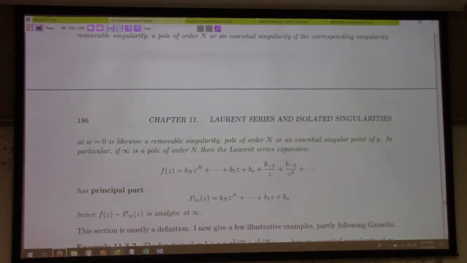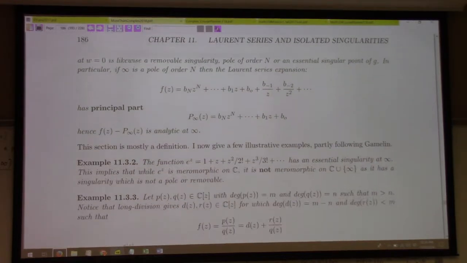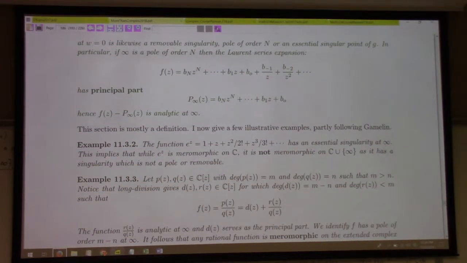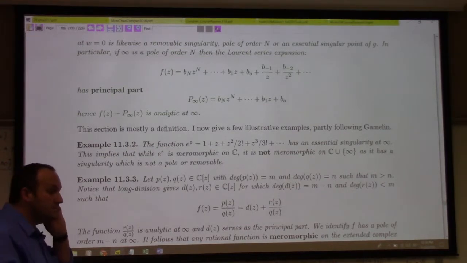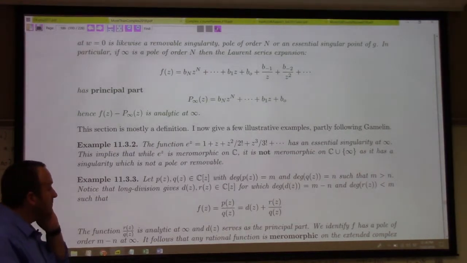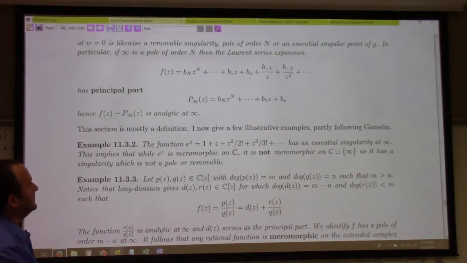Yeah. Here's some examples. I think there's an error in the last example in this section I want to talk about. Yep. Why do we have b0 in the principal part? I can't remember. Let's see here. Why is b0 in the principal part?